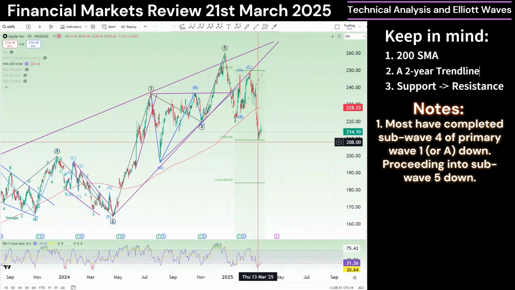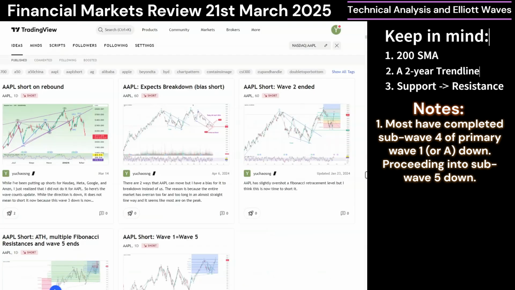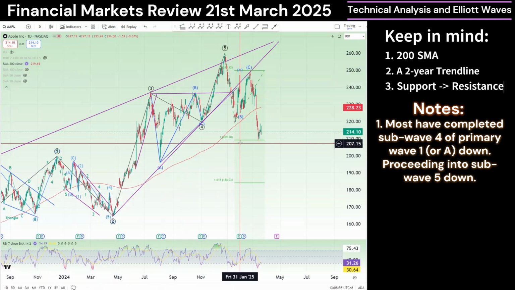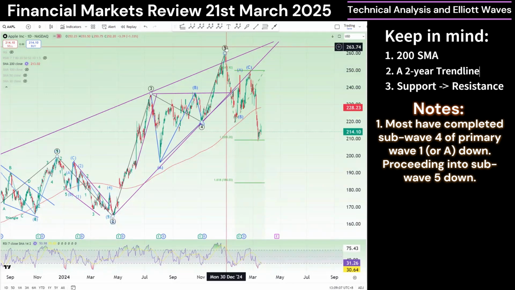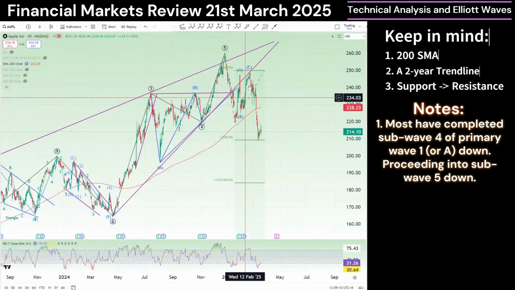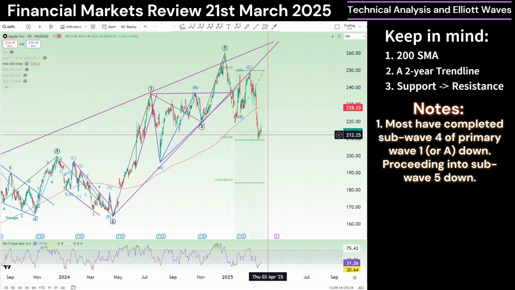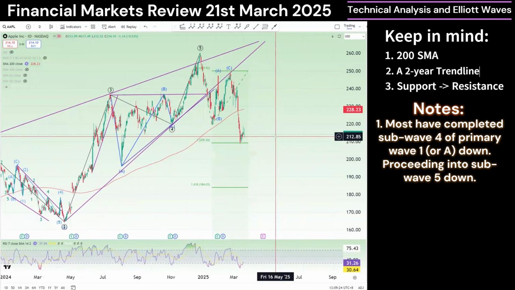And over here, my last analysis actually is to short on rebound. It's actually at this exact point. I did mention not to short it yet, but to wait for a rebound. What I did not mention is that this wave and this wave have almost the exact distance. So this is kind of like A is to C, a one is to three move in Elliott Wave.